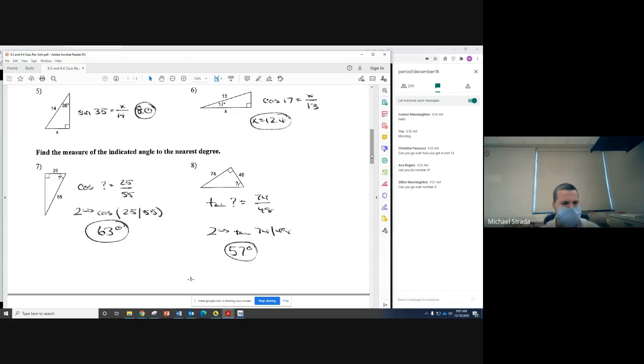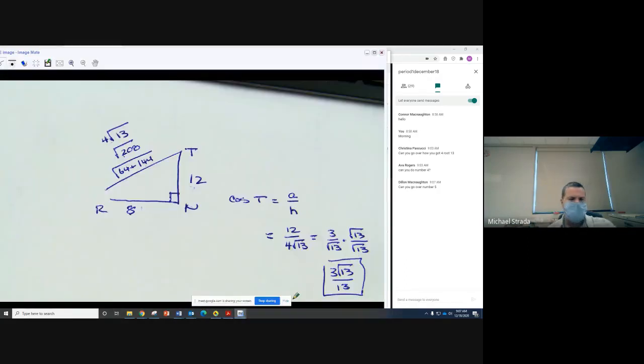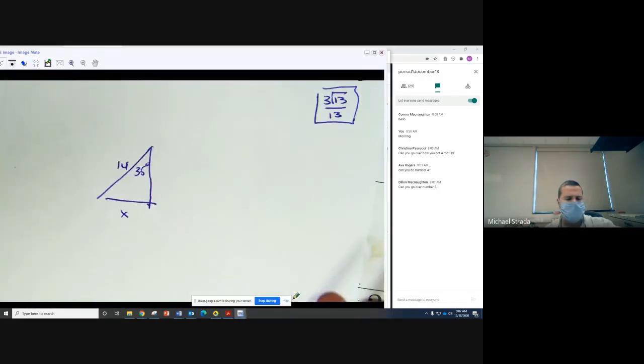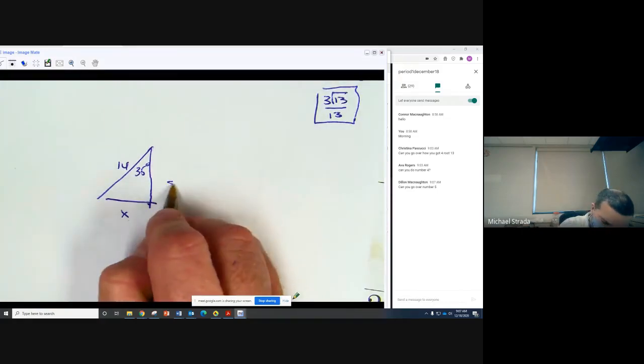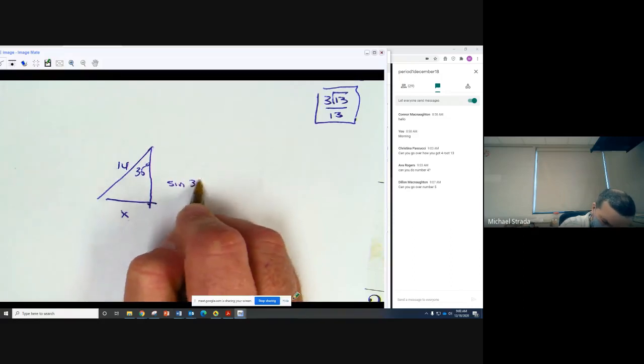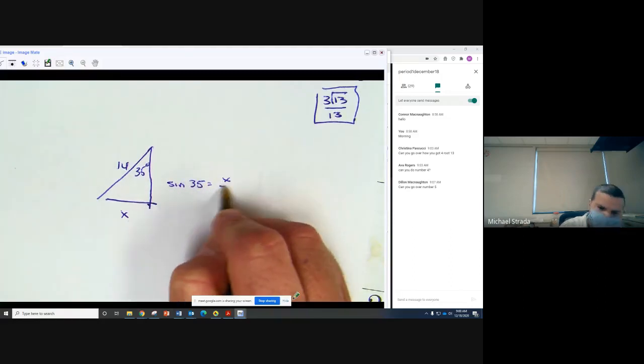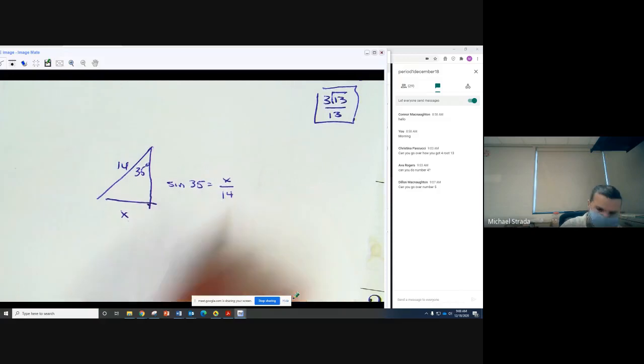Number 5, we want to find x. That's the hypotenuse. x is the opposite, so we're working with sine. So the sine of 35 equals the opposite, which is x, over the hypotenuse, which is 14.